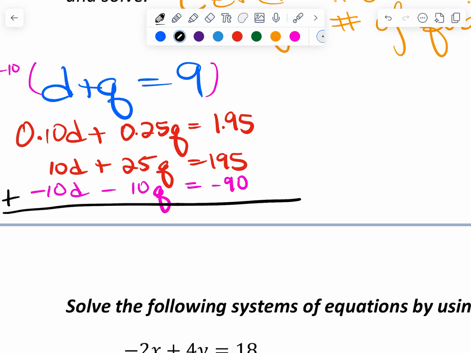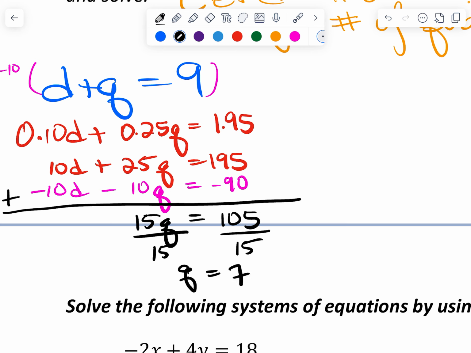Add these together, and I get 15Q equals 105. Divide by 15. I actually don't know what that comes out to. I should. Isn't it 7? Yeah, this comes out to 7 quarters.